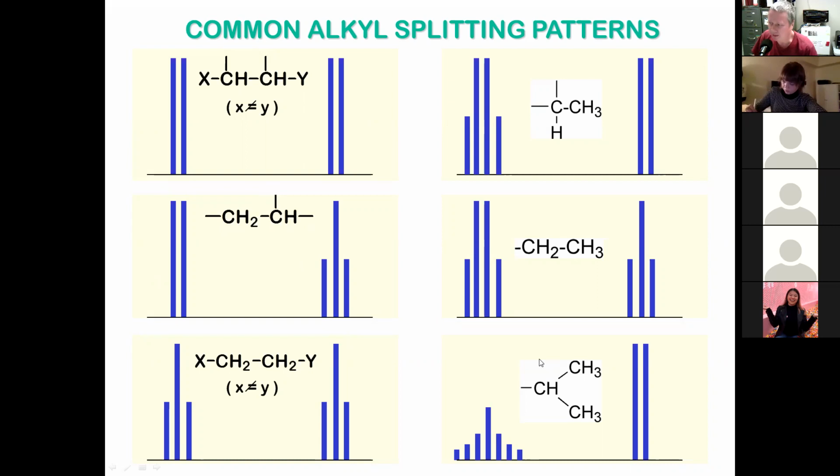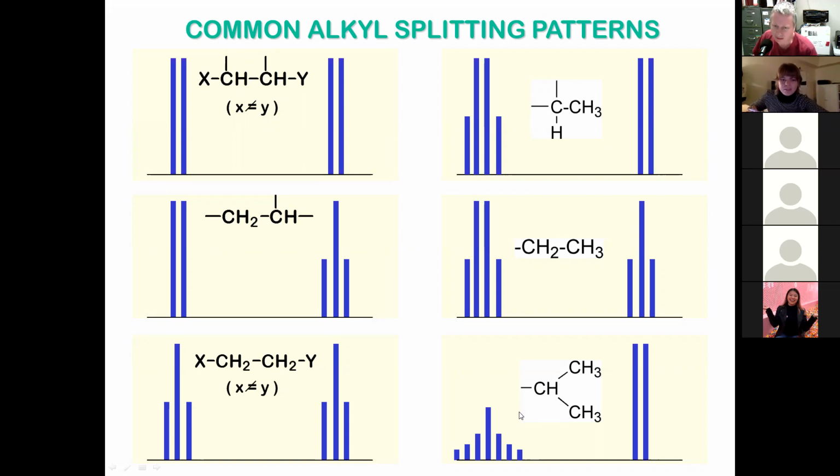Okay. All right. This is an isopropyl group, right? Now the CH of the isopropyl has how many neighbors? 6. 3 plus 3 is 6, right? What's 6 plus 1? 7. The name of that is something tet.